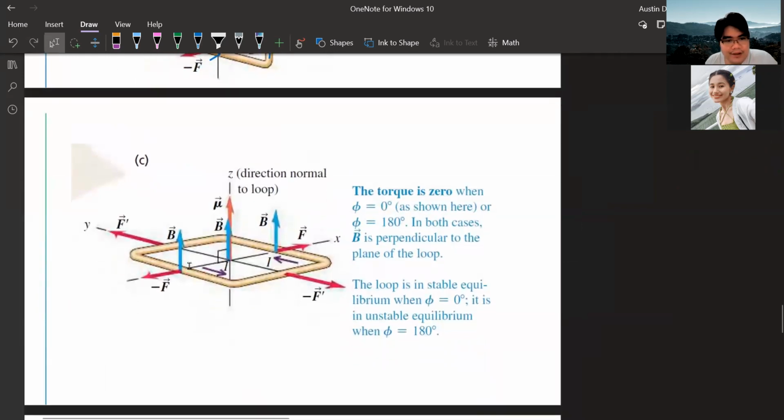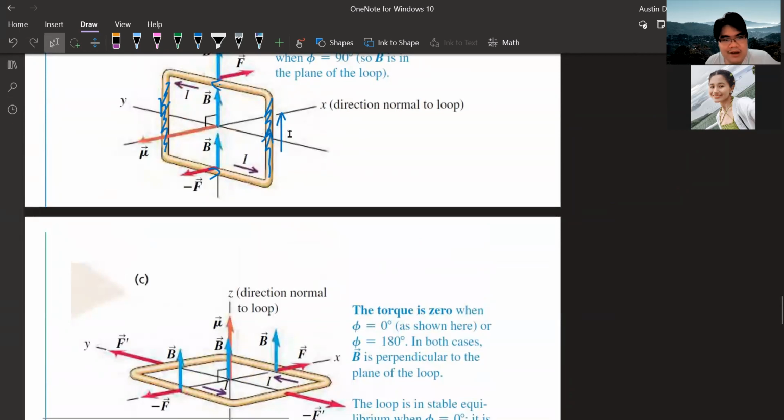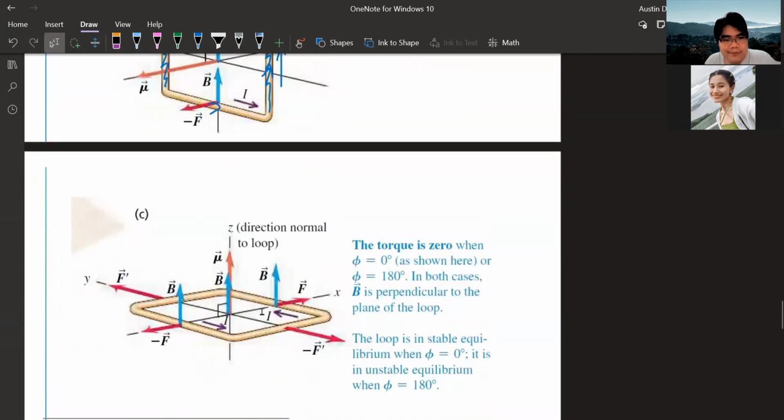The other configuration, ganito naman, nakalatag na sa XY plane yung loop mo. So basically, ito inikot lang natin ng konti para humiga siya dun sa XY plane. Okay, and then pansin mo, si B is going upward pa rin. And then by the right-hand rule for the IL cross B, at this side, papunta dito sa X yung force mo.